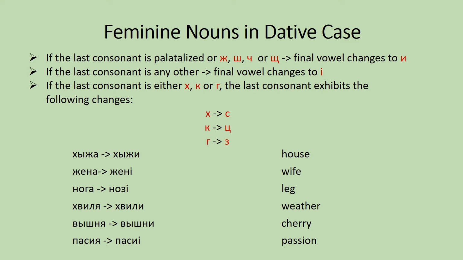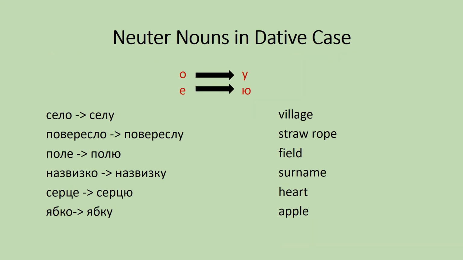Chwilja, meaning weather, becomes chwile. Vishnya, meaning cherry, becomes vishne. Pasija, meaning passion, becomes pasii.